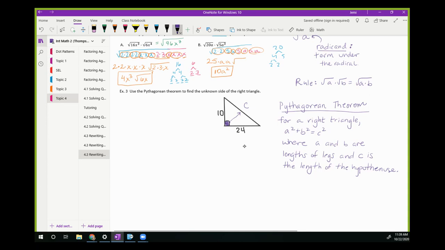So the other sides are called my legs, and one of them is A and one of them is B, and it doesn't really matter which way; I could swap A and B, and that would be fine.